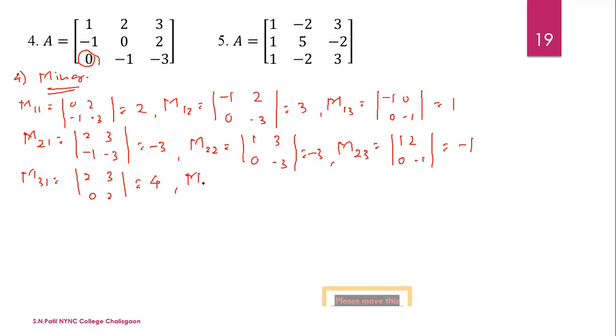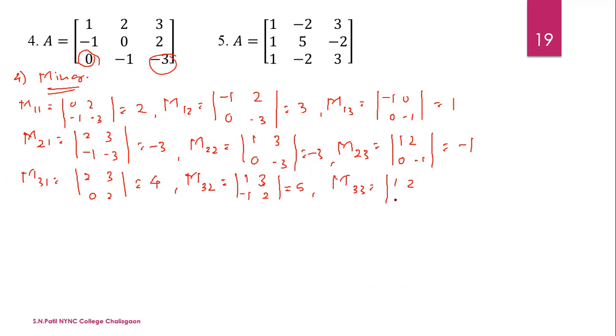Now M32 is the minor of this element, deleting row and column, that is 1, 3, minus 1 and 2, that is plus 2 and plus 3, that is 5. Now last, M33, minor of this element, deleting row and column, that is 1, 2, minus 1 and 0, is equal to 0, minus and minus, minus minus plus.